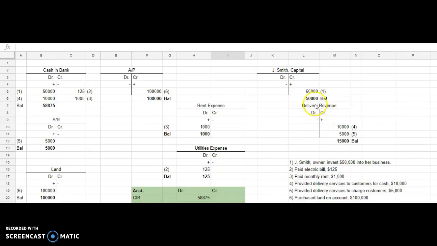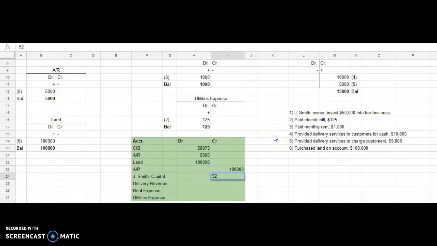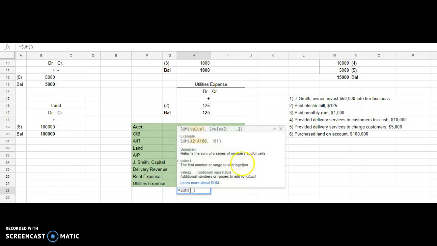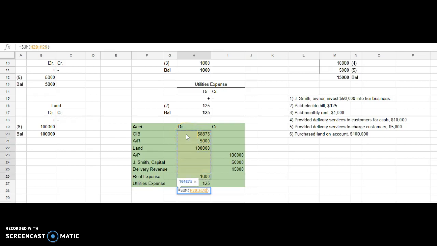Capital, 50,000, delivery revenue, rent. Okay, and then I will use my auto sum button, and I want to add up. It's easier if you just start at the very top and go all the way down to the bottom, and then you can autofill across, and my debits do equal my credits.